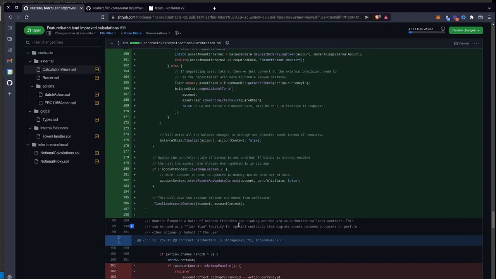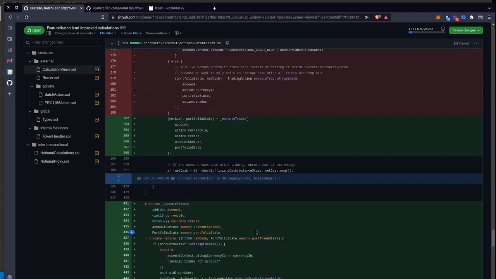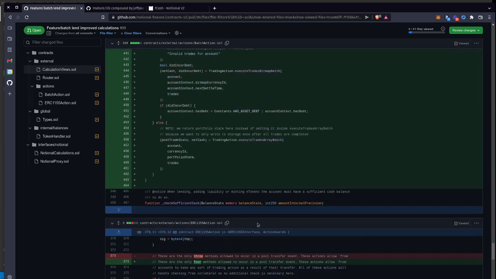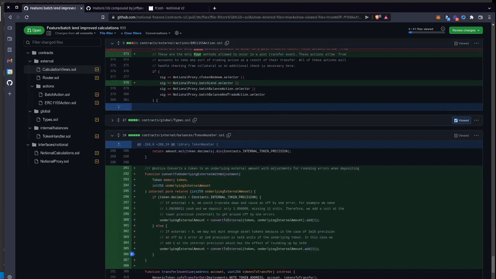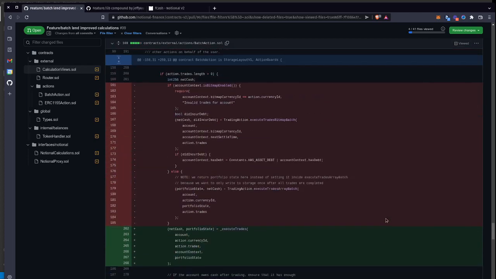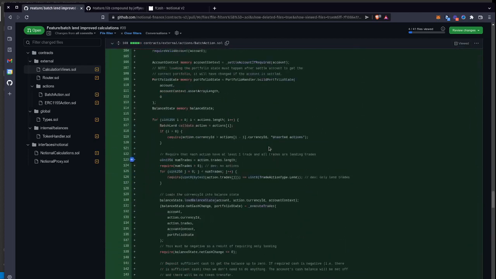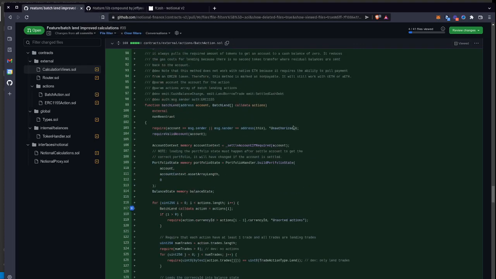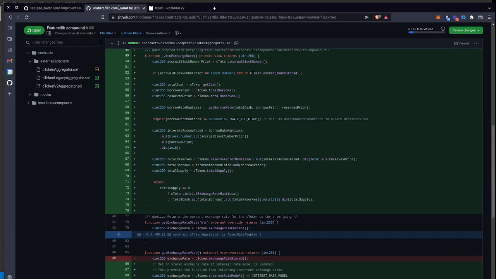Then it does all the checks that the regular trading action does, so there's some adjustment with conversions and off by one handling here. Only lending can occur on this method call. This pull request is on the Notional repository as well right now.